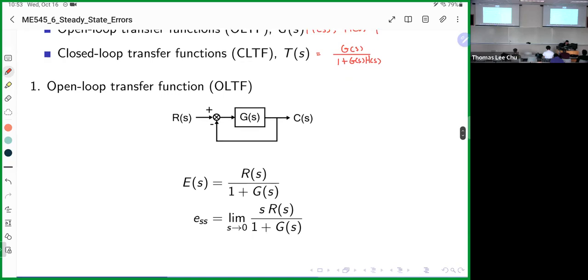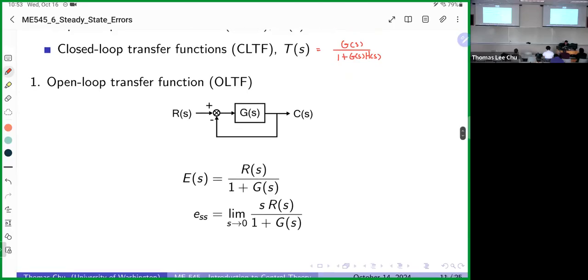And here, basically, this is the equation for it. Error is going to be equal to R divided by 1 plus G of S. And then this is applying the final value theorem.